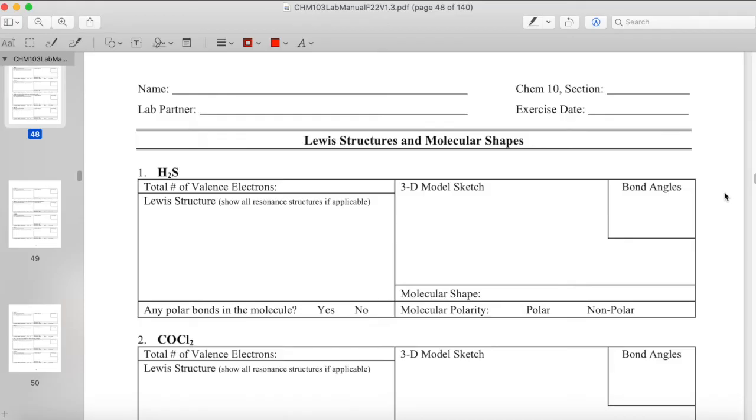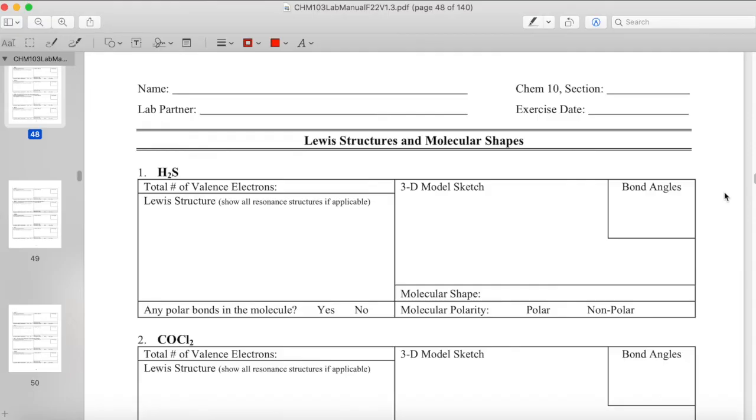All right, so let's talk about how to draw these Lewis structures. Once we draw them, we'll have a few follow-up questions. We're going to ask ourselves, what shape do these molecules take? Are these molecules polar or not? Those are the key questions we want to answer here. There are some other questions in this lab report, and you can talk to your instructor about whether you should answer all the questions.